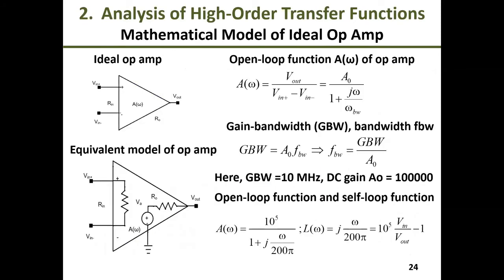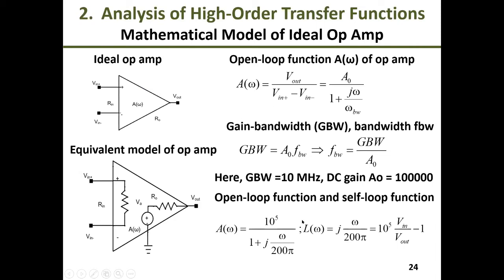Now let us review the behavior of an ideal op-amp. When we design an active network, in a common way, we use active devices, especially op-amps. And in this research, we show the behavior of an ideal op-amp.